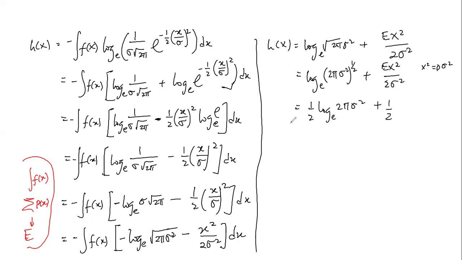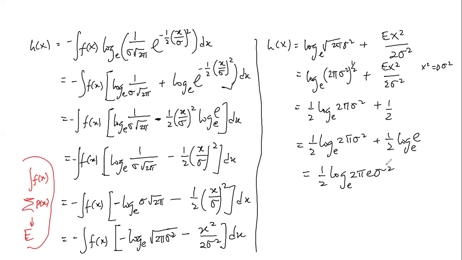And then the next thing here is 1 over 2 log to base e 2 pi sigma squared plus log e base e, because log e base e is the same as 1. So we can compress this into a single value: 1 over 2 log, this addition becomes a product, then log to base e 2 pi e sigma squared.